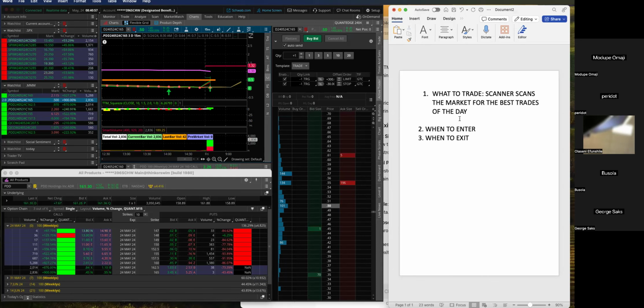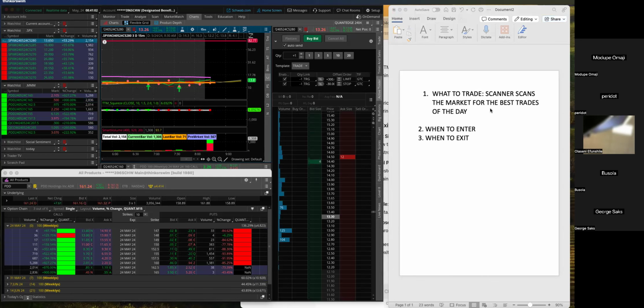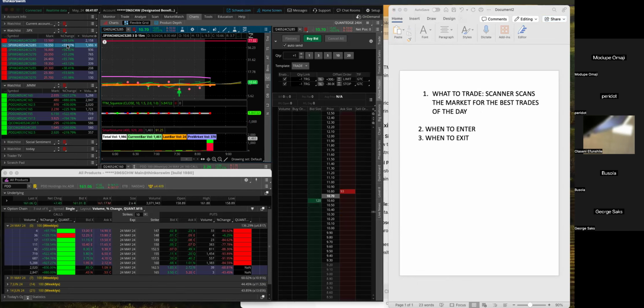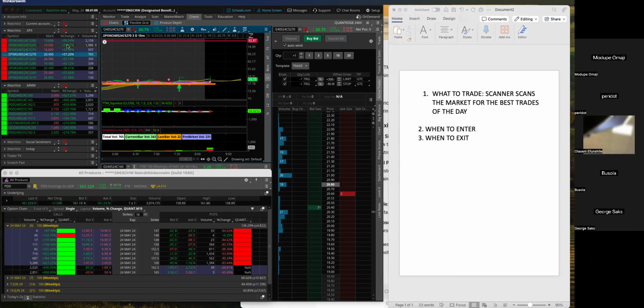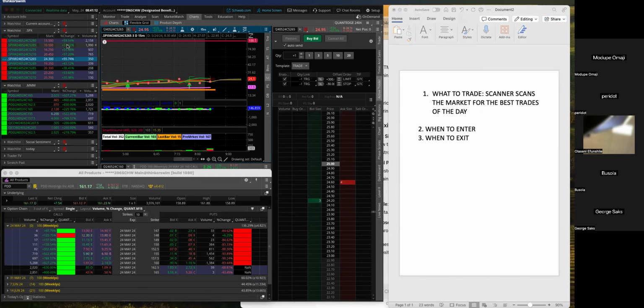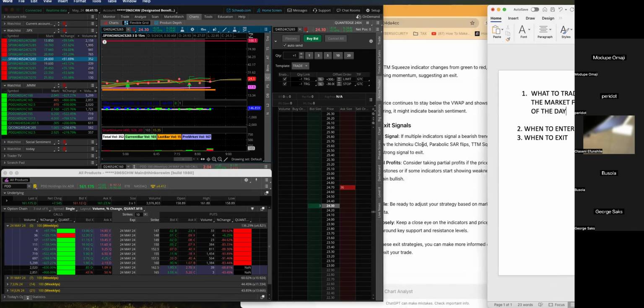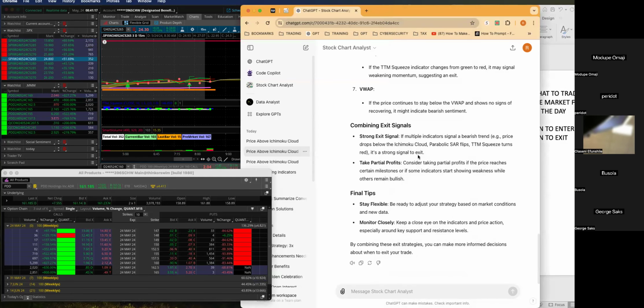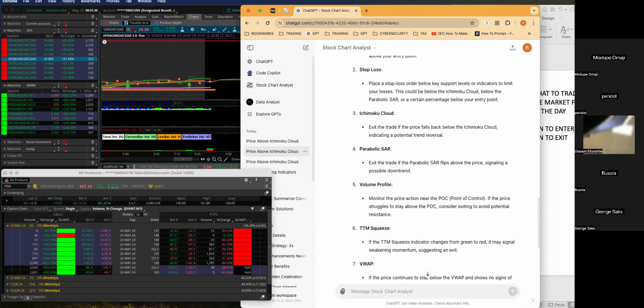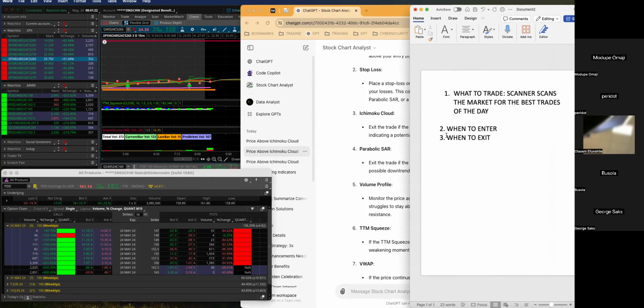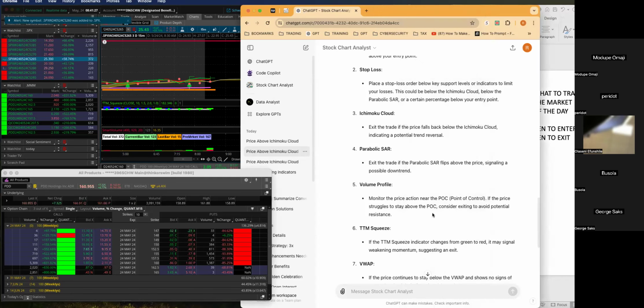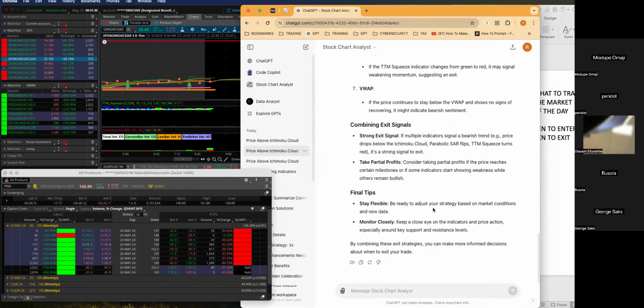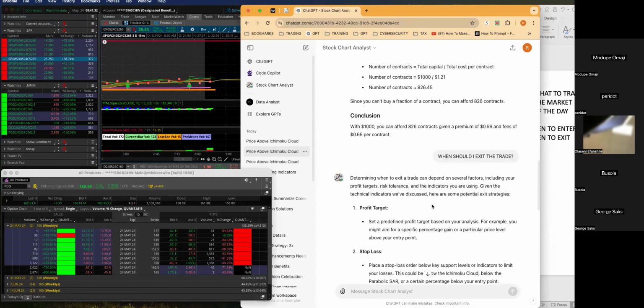All you have to do is, once the scanner gives you the results, you plug in, describe it to GPT. So you go one by one and describe what you see to GPT, and it will give you this analysis that you need. It answers the rest of these two questions that are important. You know when to exit, you know when to enter. It also helps you with risk analysis.